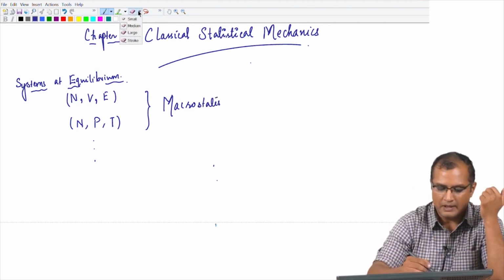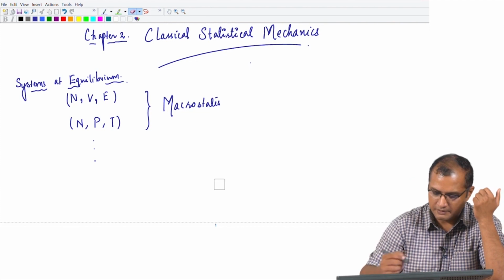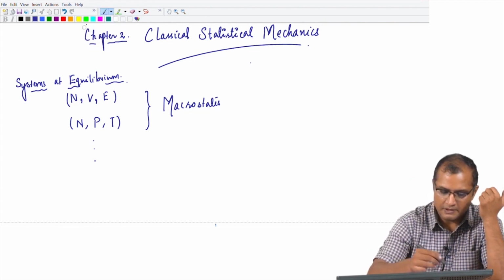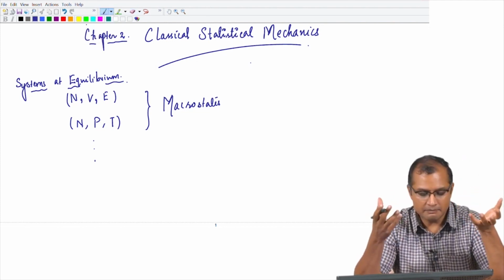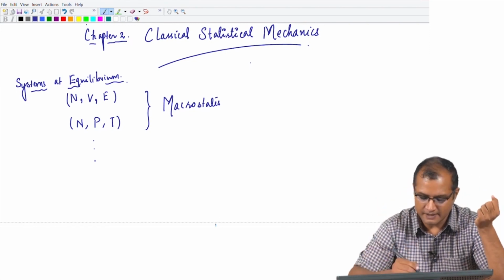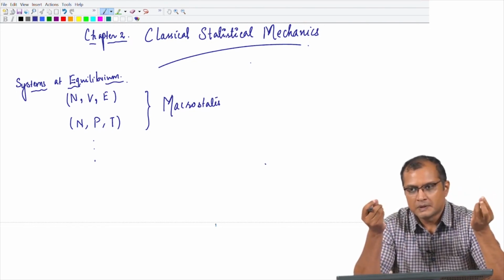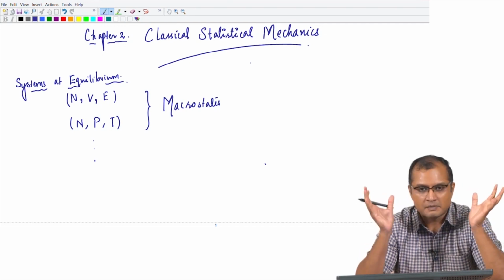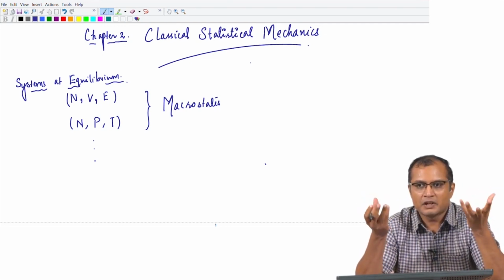Okay. And a macro state by itself is basically a characterization of the system with a very small number of variables.